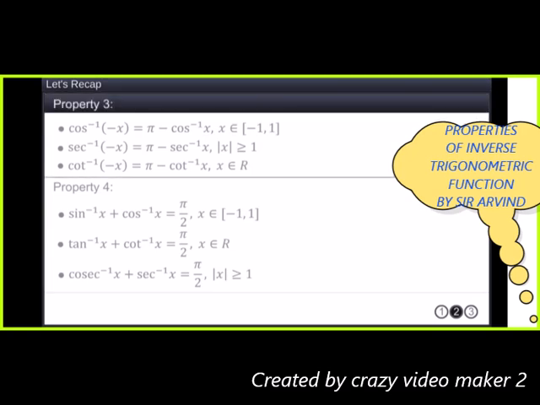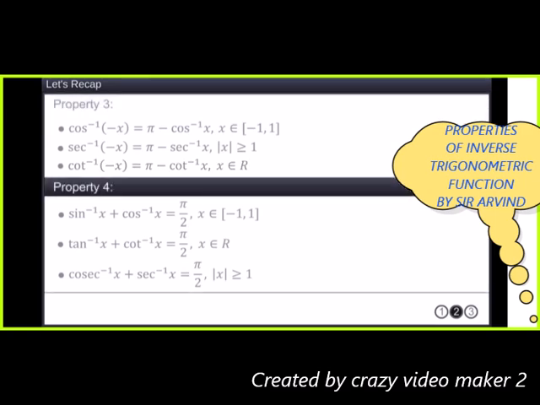Cos inverse of minus x is pi minus cos inverse x. Sec inverse of minus x is equal to pi minus sec inverse x for all x greater than or equal to 0, and cot inverse of minus x is equal to pi minus cot inverse x for all real values of x.